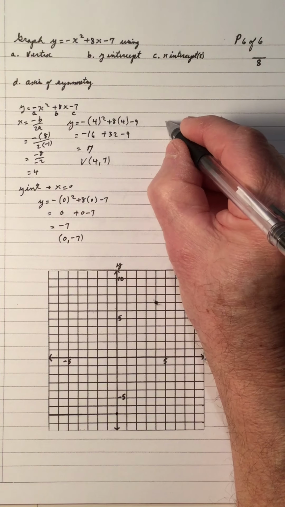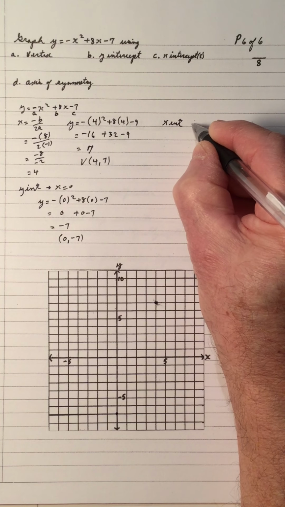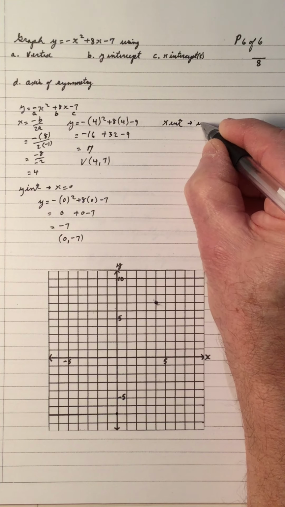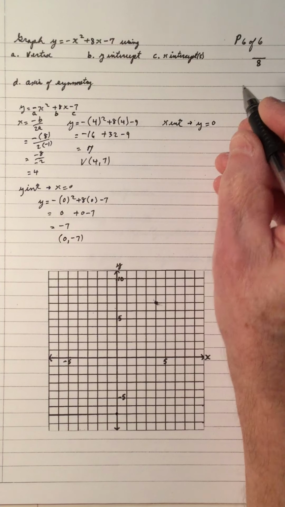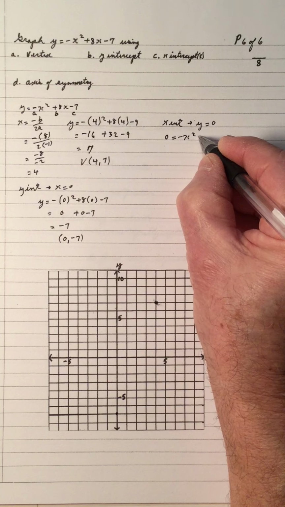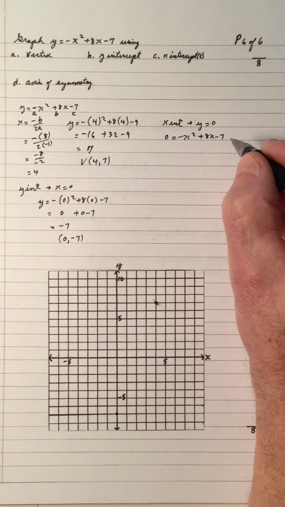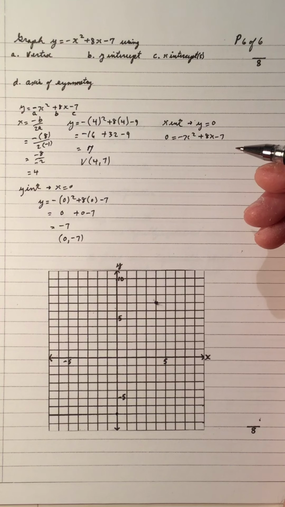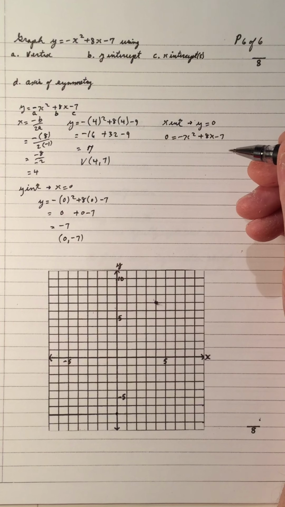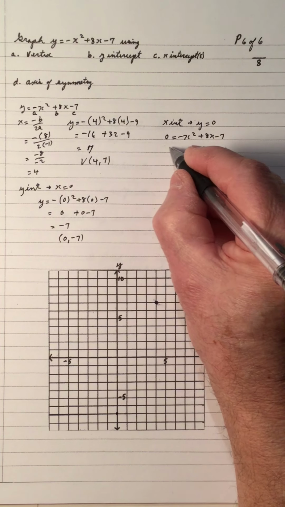And now I'm going to get the x-intercepts, or intercept. X-intercept is when you make y 0. So I'm going to make y 0. So really what this is doing is summing up the whole part of solving, and x-intercepts are the same as roots and so on.